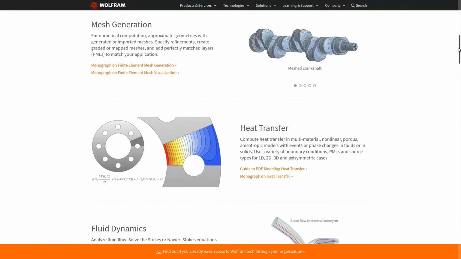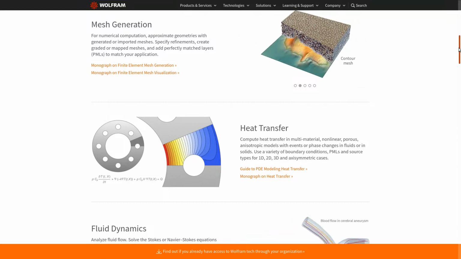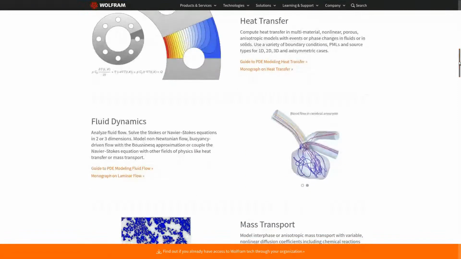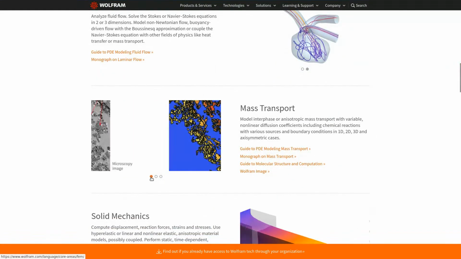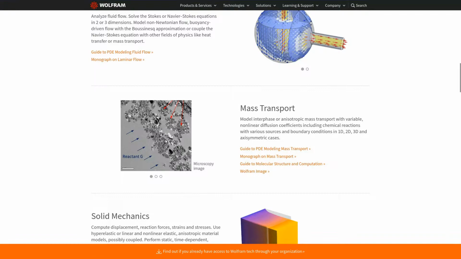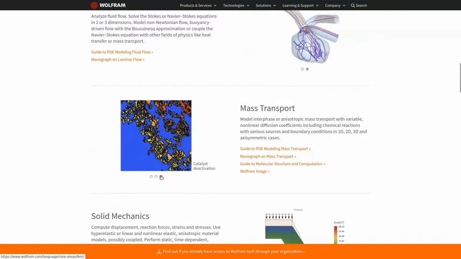It's just that it doesn't have its own area that has been worked through, basically. So we offer things like heat transfer, fluid dynamics. So here's blood flow in a cerebral aneurysm, mass transport. An interesting thing here is that we can take, for example, images and convert them to meshes and then compute something from them.